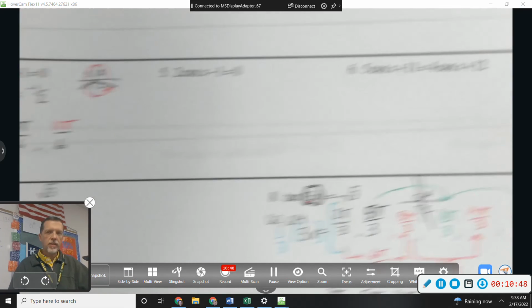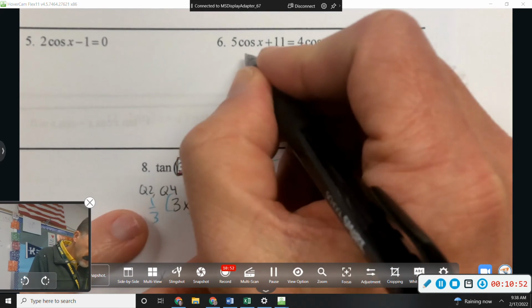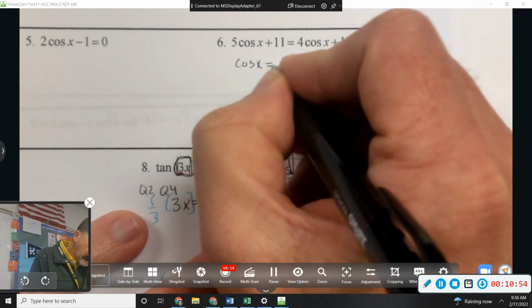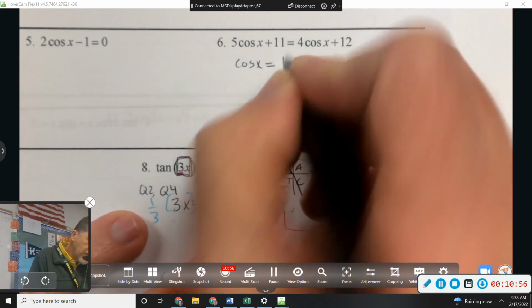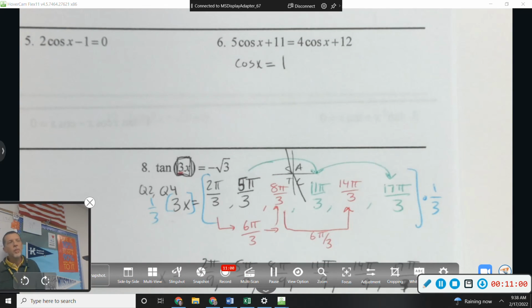Number 6. Let's see. So if I move the cosine over, I get cosine of x. If I move the 11 over, I get 1. Right? Hopefully you're to the point now where you don't have to write out minus 11 on each side and do that as a step. And then write out minus 4 cosine x, minus 4 cosine x.